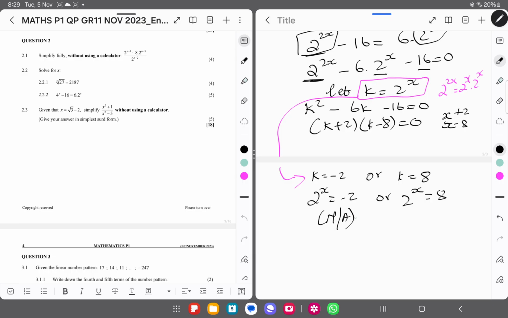Once this is non-applicable, it falls away. So this will be 2 to the exponent x equals 2 to the exponent 3. X will then be 3. Because of the minus 2, that's what makes this one undefined. We cannot change a negative number to a base of a positive. We can't do that. That's why only x equals 3.